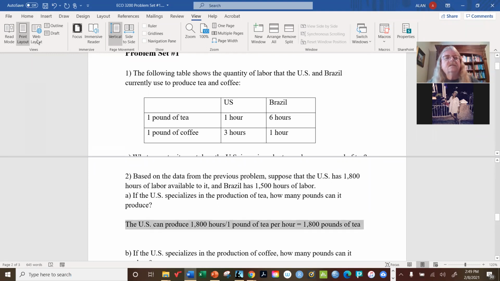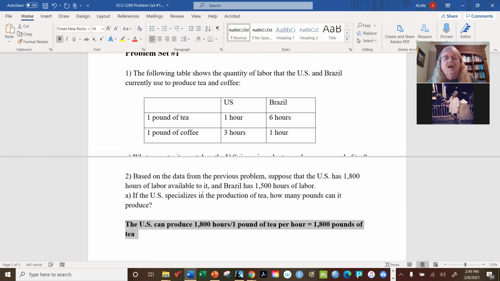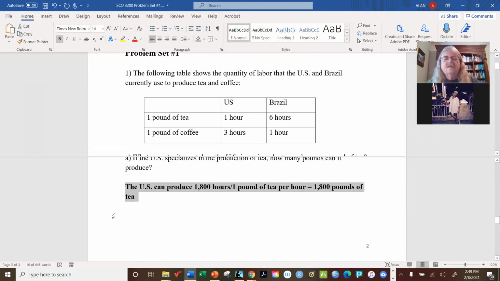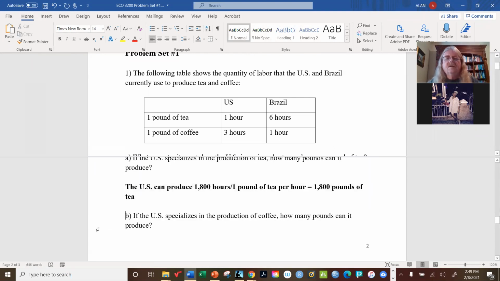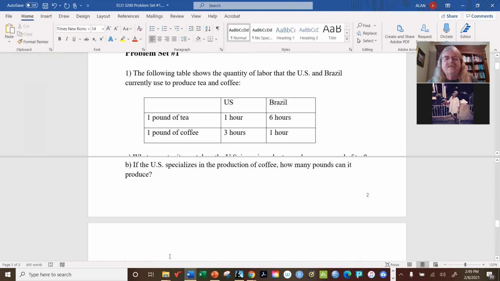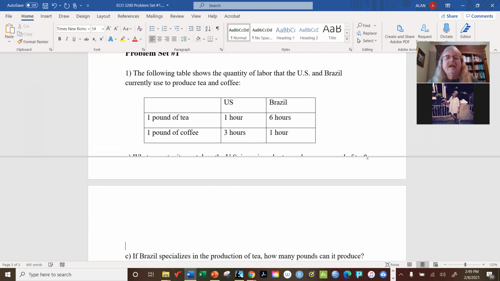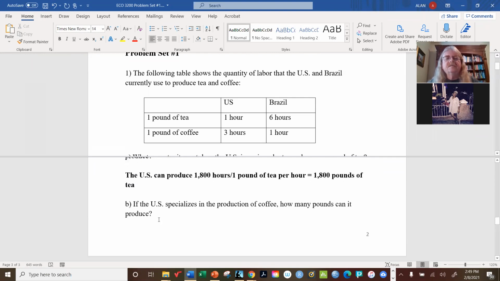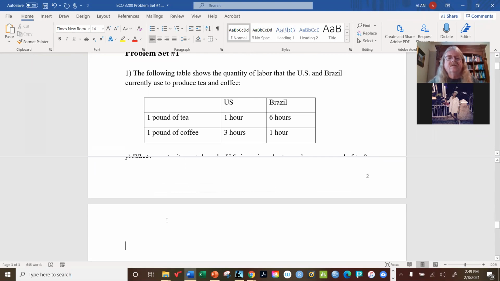On the other hand, if we make coffee, which we won't, but let's say we did, and nothing but coffee, the US can produce 1,800 hours over 3 hours per pound of coffee, which means we can only make 600 pounds of coffee if that's all that we do.